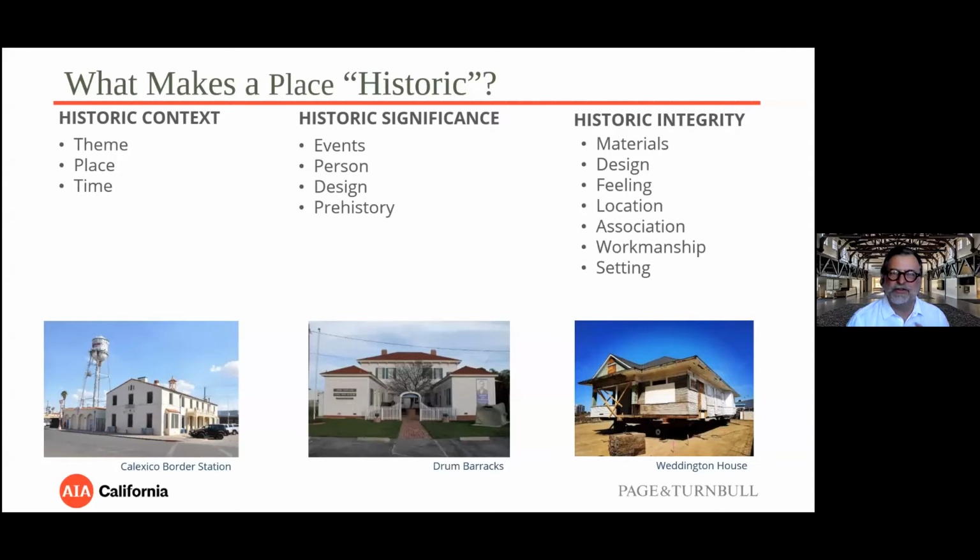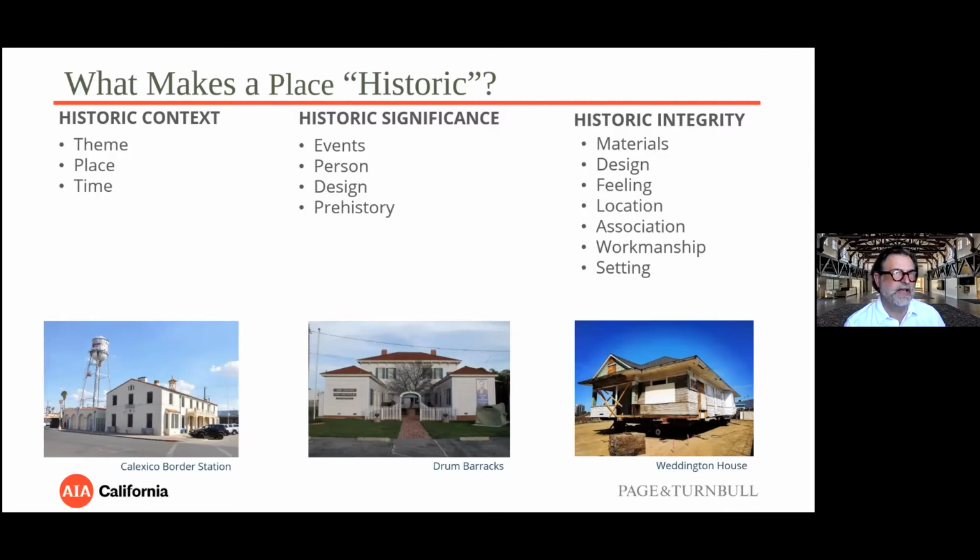And then historic significance also has different categories. So something can be historic for its association with a famous event. It could be significant for its association with a historic person, or a person who's notable for their influence on history. It can be notable as a work of a master designer or architect.